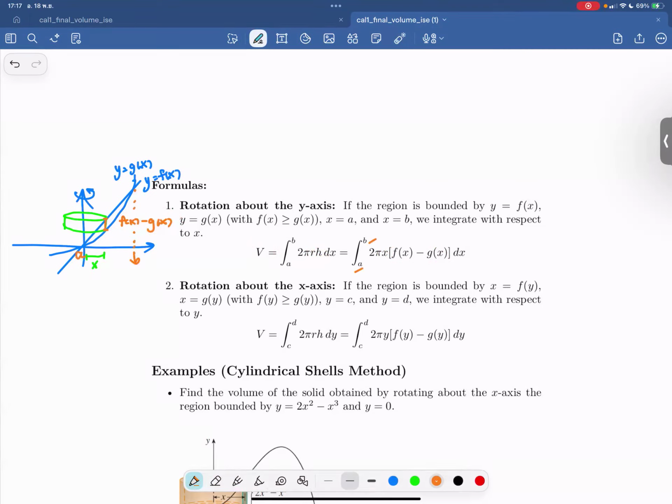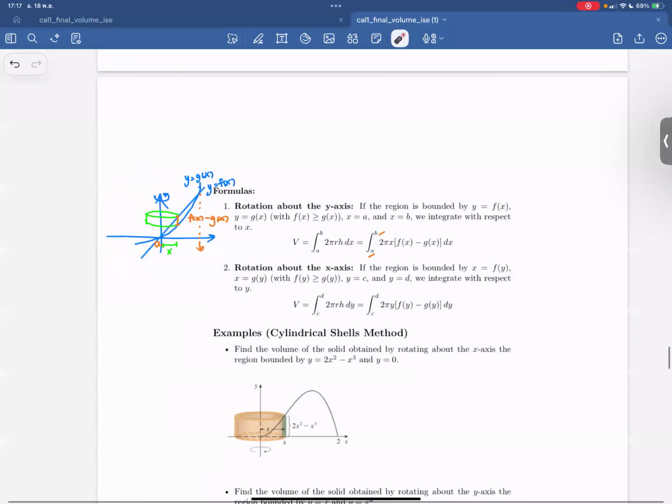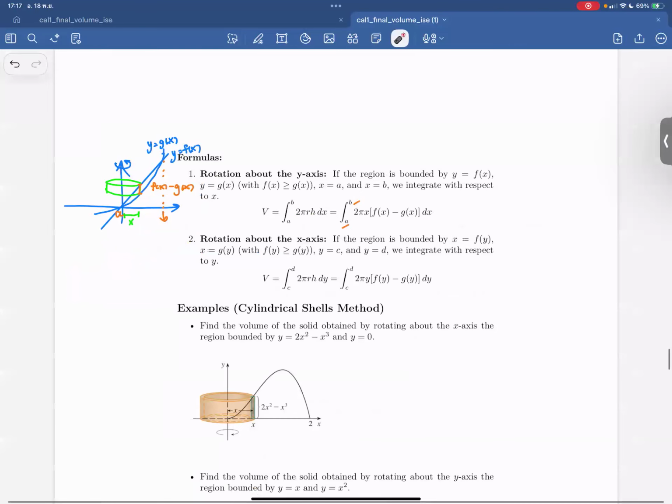Similarly, with rotation about the x-axis, you just have to change the variable to be in terms of y and change the boundary to be the boundary of y, and that's all. Okay, so we move to the example to see the picture clearly.